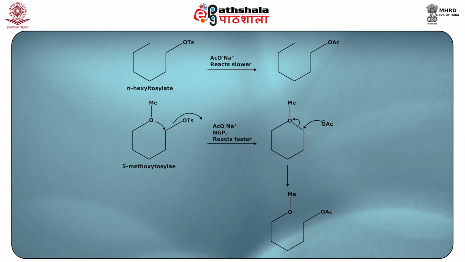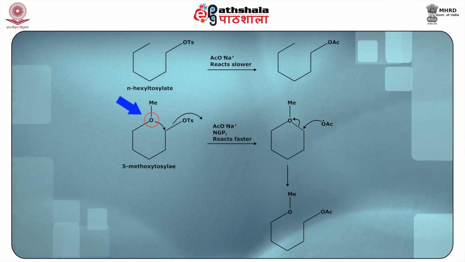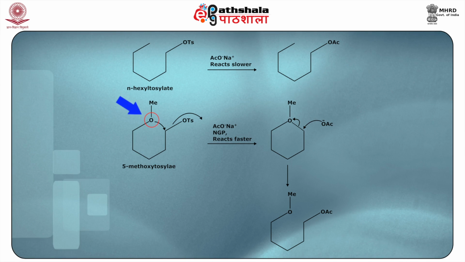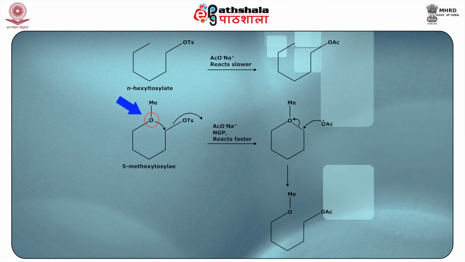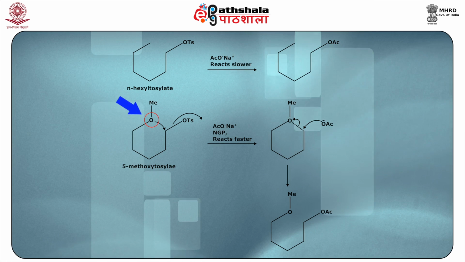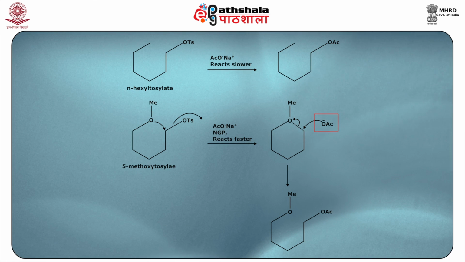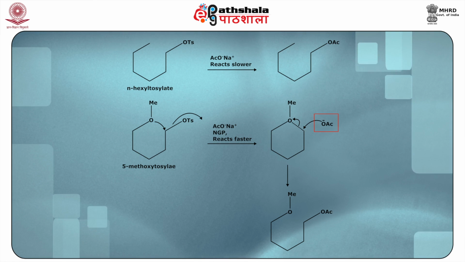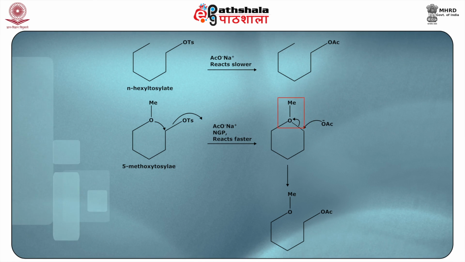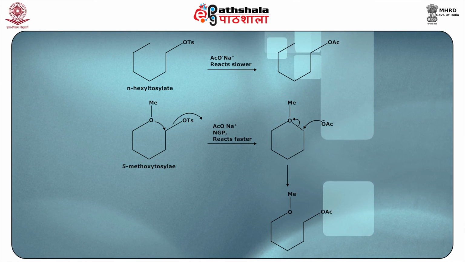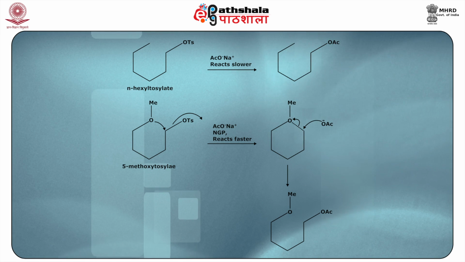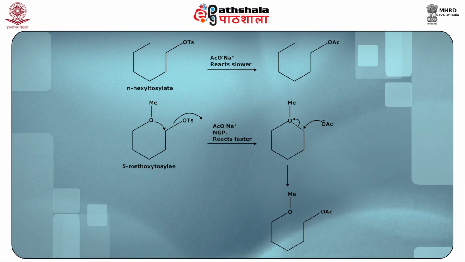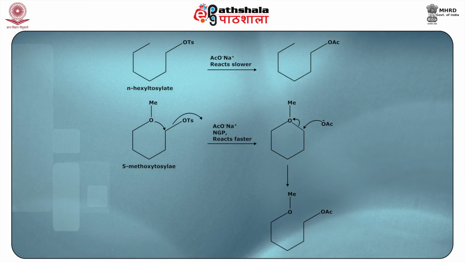So can you see, the oxygen first attacks the carbon atom where the tosylate was present, so tosylate leaves, and when the nucleophile again comes to that carbon atom, the methoxy oxygen goes back. So it is a two-step SN2 process. Inversion and inversion ultimately lead to retention of configuration.